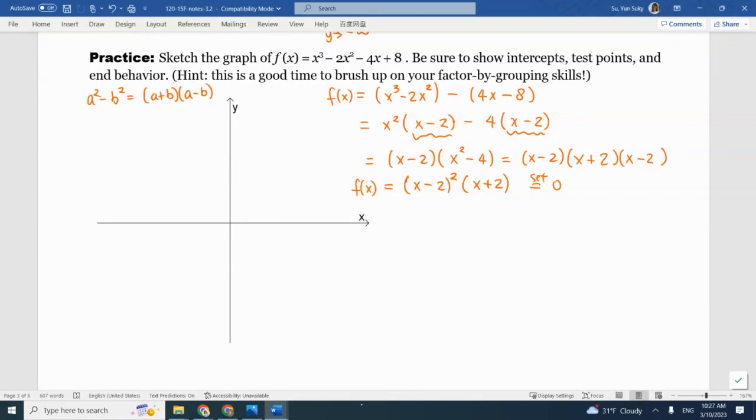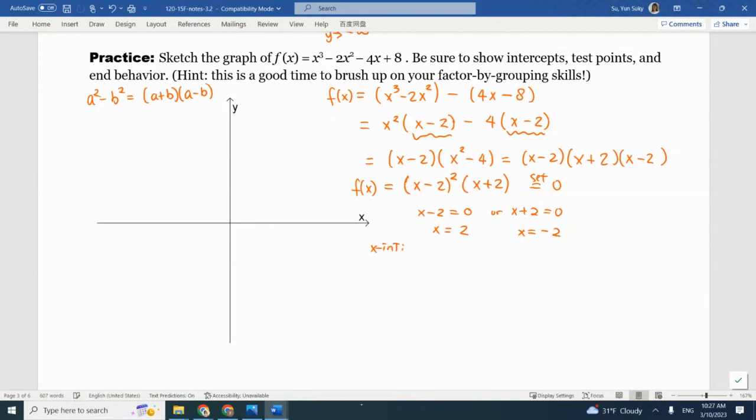So we set each factor equal to 0, right? And when we solve for x, what do we get? Positive 2 or what? Negative 2, yes.